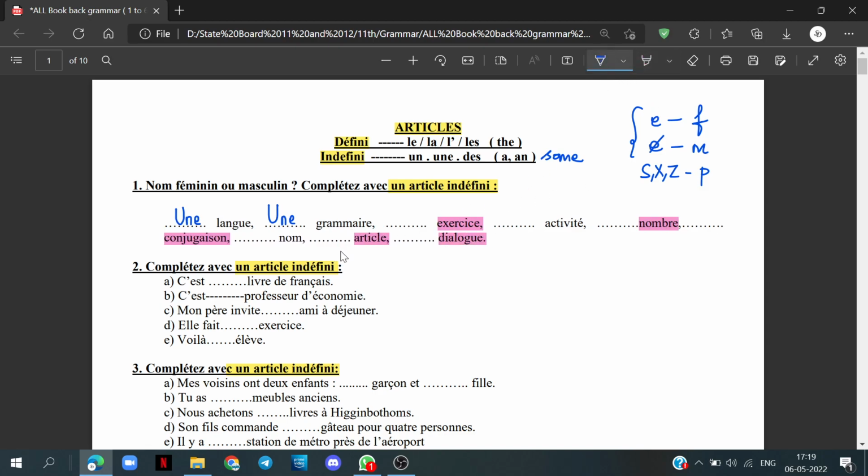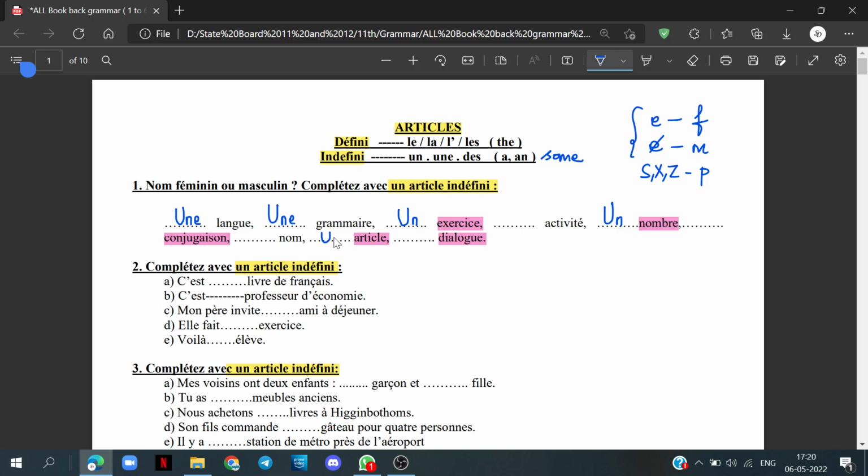There are 5 words in the first exercise which are exceptions, which don't follow the rule. As I said, words ending with e are feminine. You see this word exercice ends with the e, but it is not feminine, so it is masculine. Nombre ends with the e, but it's masculine.